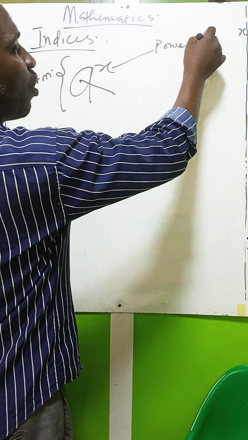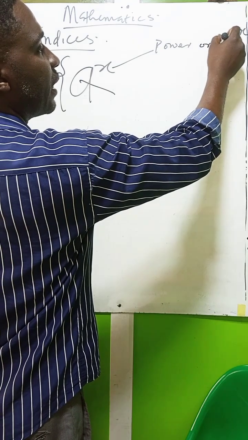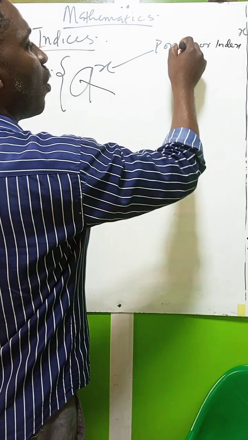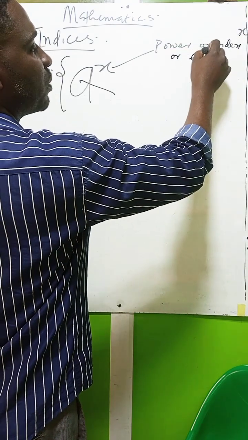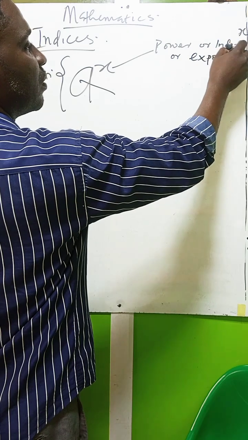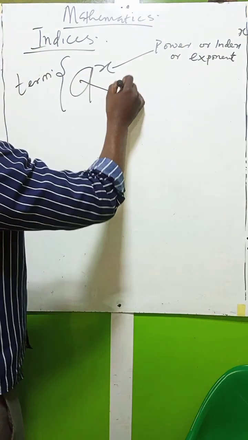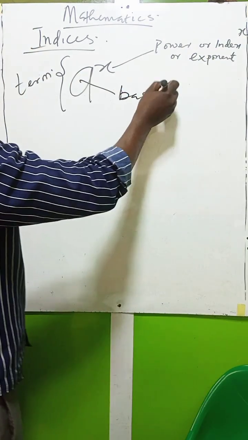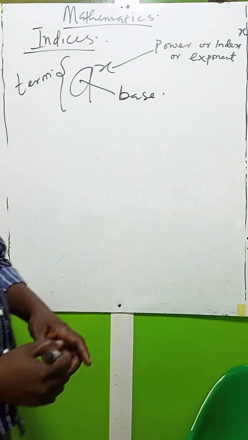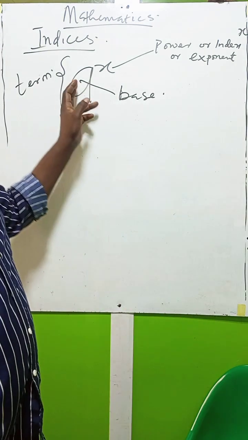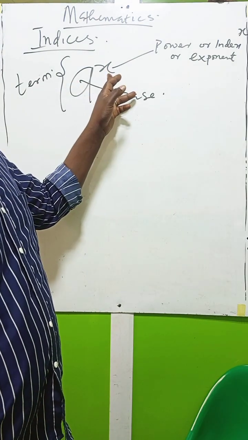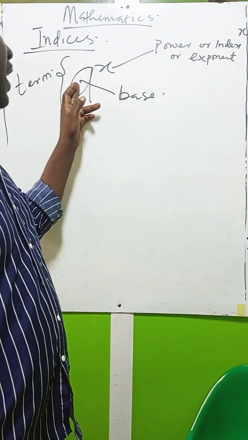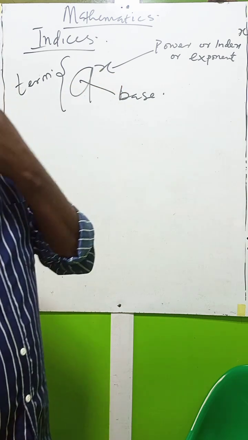It can also be called an index or an exponent. Then this is a base. So this is base A raised to power x. Base A raised to power x is a term.